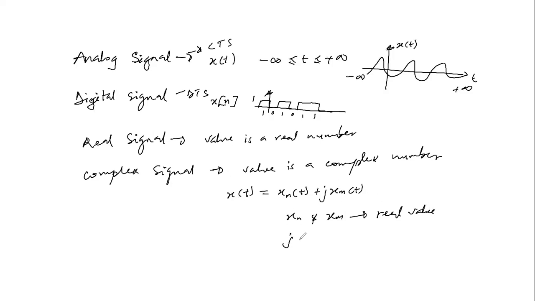And here j, which makes for the imaginary component of this complex signal, is given as the square root of negative 1.